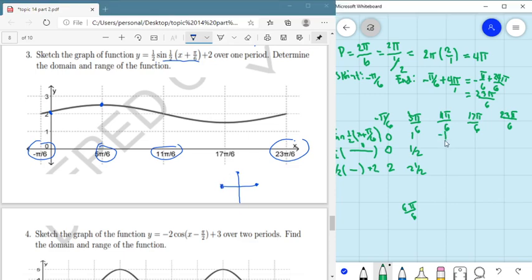So when negative 1 is multiplied by 1/2, the answer is negative 1/2. Plus 2.